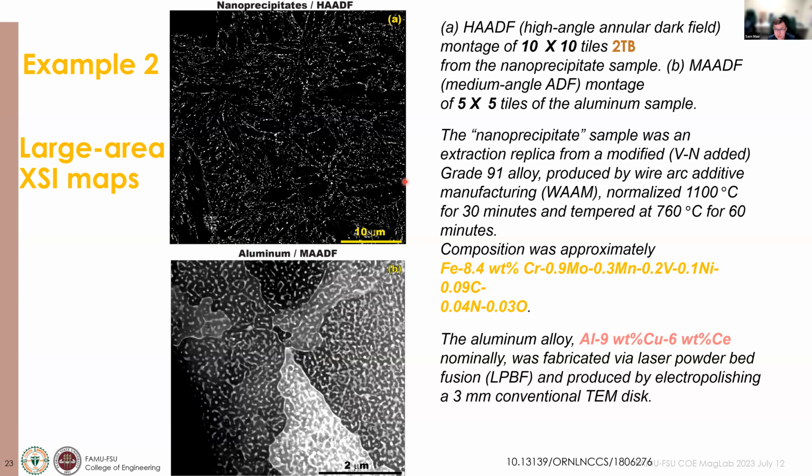This is 10 by 10, 100 maps, about 2 terabytes of data, and the second one is 3D printed aluminum alloy.